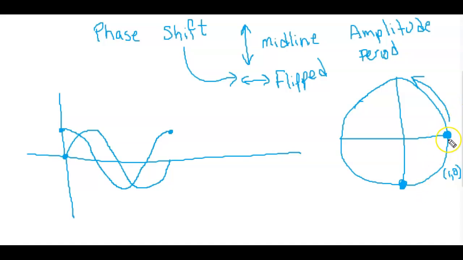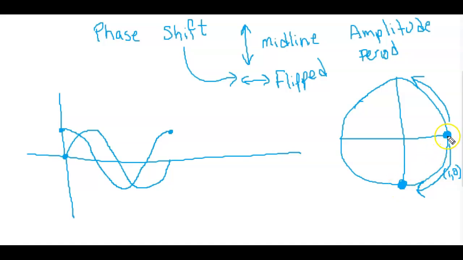And so what happens if we want to have the Ferris wheel start here instead of starting over here? We're having to shift around the circle. And the way we do that, for example, if instead of starting here, I wanted to start here, I have to think about, well, how many degrees different is that?